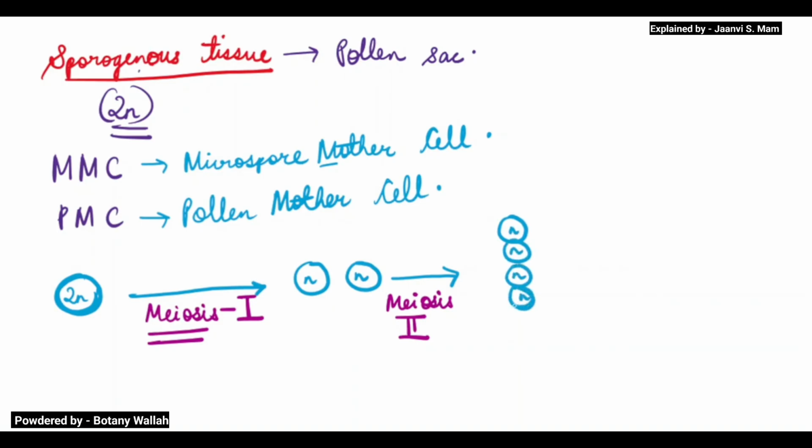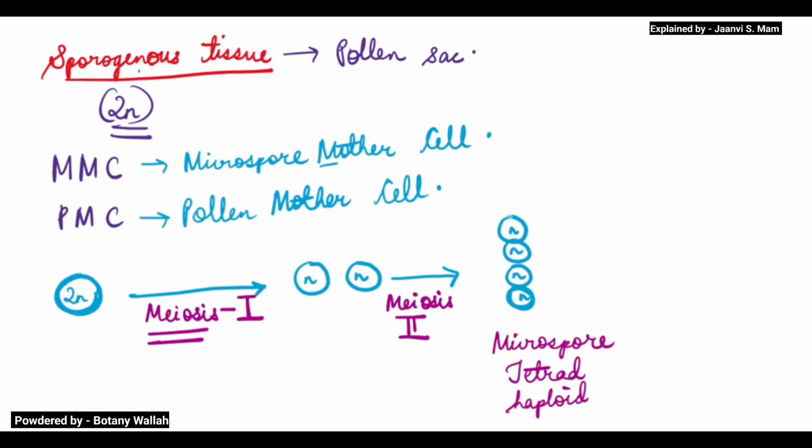These 4 are microspores, and we say microspore tetrad. And these all are haploid.